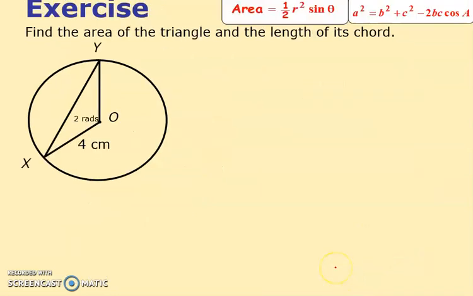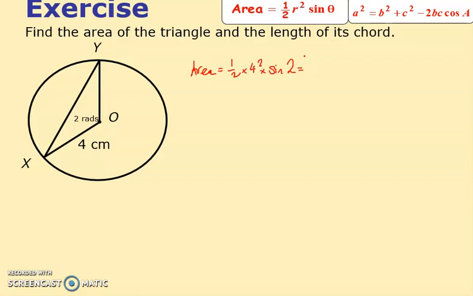So here's a question then. Find the area of the triangle and the length of its chord. Well, straight away I'm thinking to myself, the area is a half R squared sine theta. So it's a half times 4 squared times sine theta, and theta is 2 radians, it says. So I've checked my calculator, just to make sure my angle is in radians.